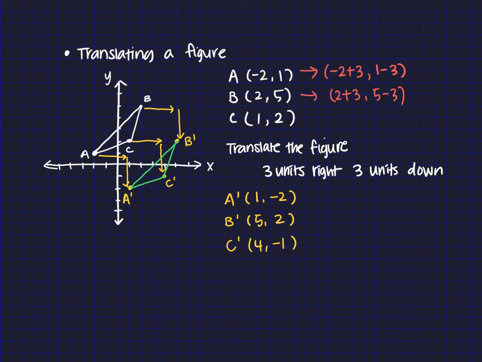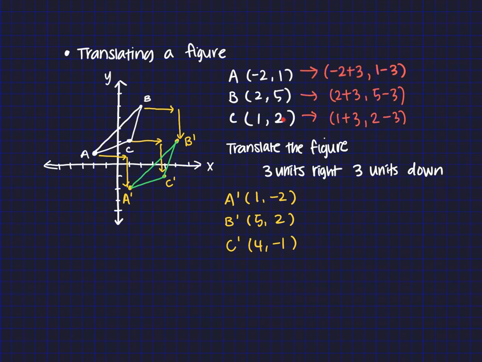And last but not least, C, you're going to move 3 units to the right first. And then again, you're going to move 3 units down, so 2 minus 3, which will give you the result of -1.